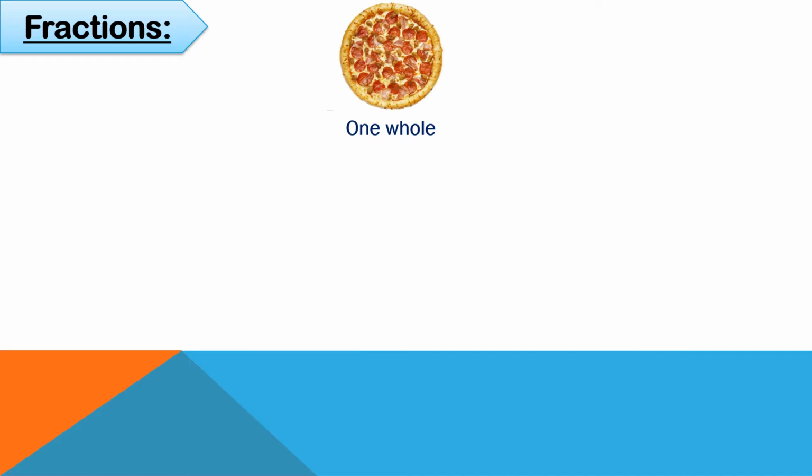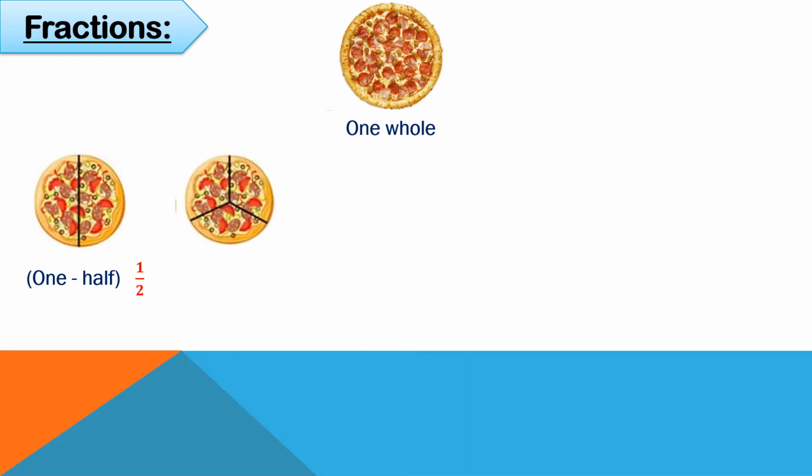But if I have two kids and I want to divide it between them equally, each one will take one half, and it can be written like this. If I have three kids, I will distribute it equally.